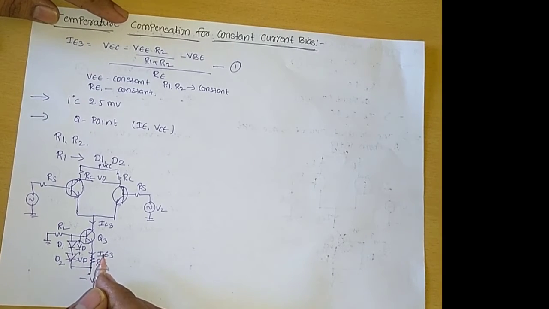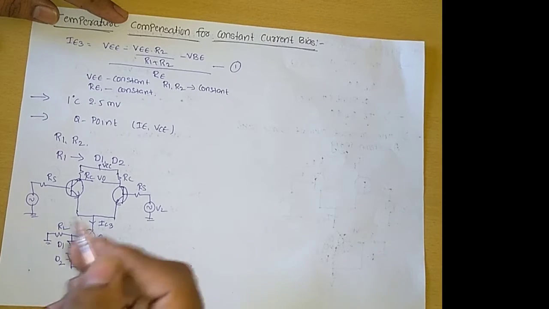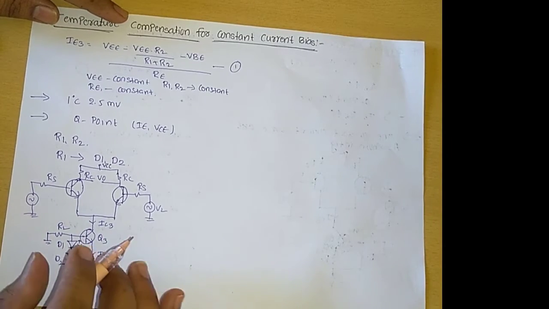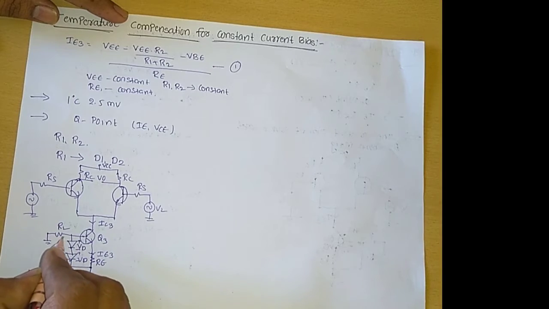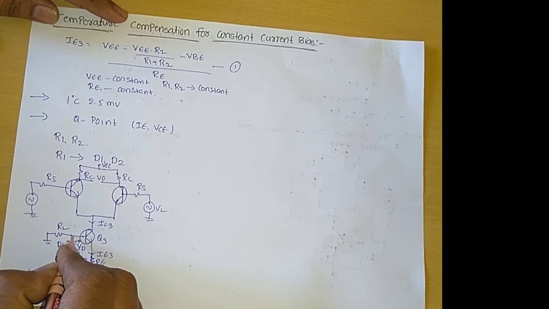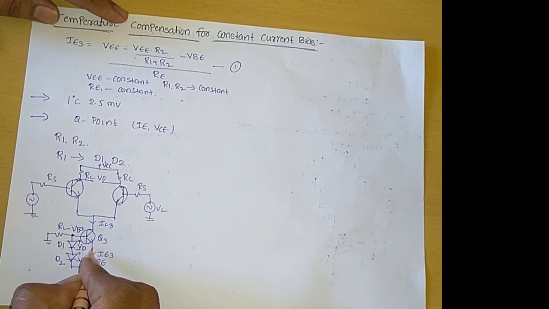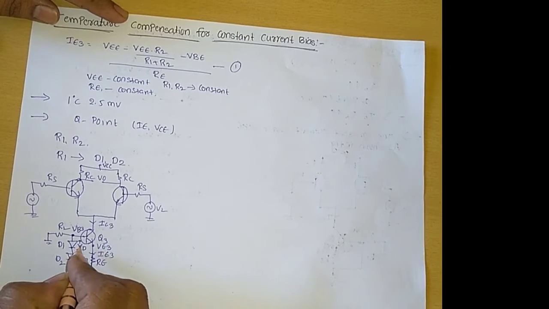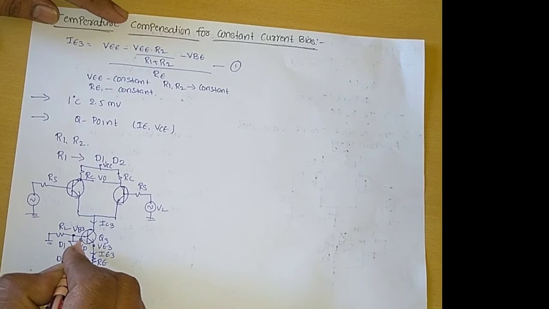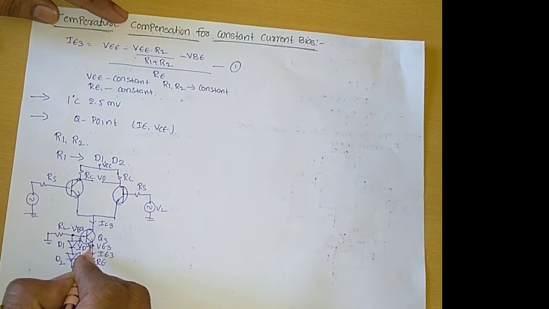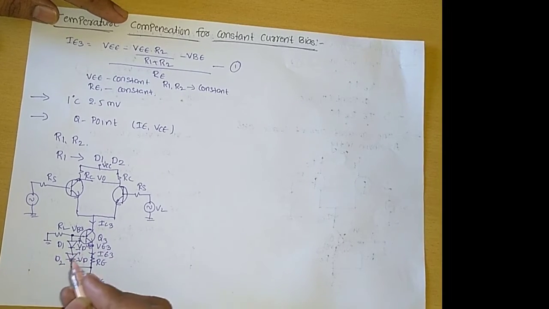Here we want to determine how this circuit can improve the thermal stability. With respect to the Q3 transistor, the base voltage is VB3 and the emitter terminal voltage is VE3. The voltage between the base and emitter is VBE. Now we want to estimate the emitter current IE3.